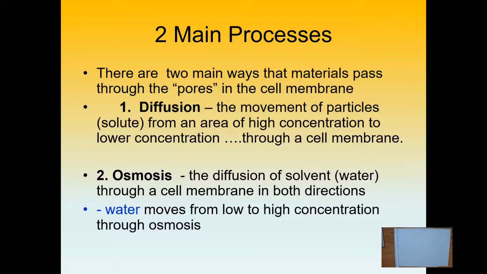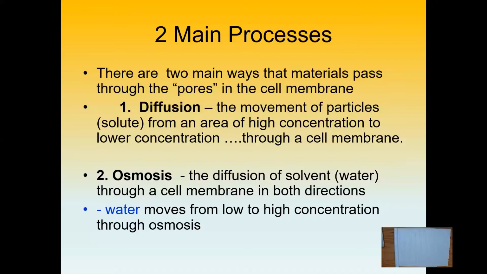Now, the second process is called osmosis. Osmosis is specifically the diffusion of water through a cell membrane. The diffusion of water through a cell membrane. And this can also happen in both directions. Water can leave the cell and water can enter the cell depending on the concentration. Now, water will move from its lowest concentration to high concentration through osmosis.